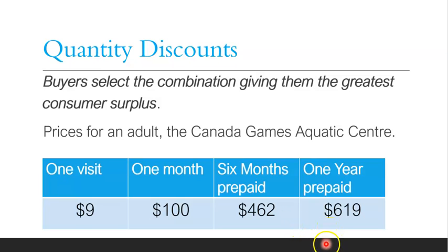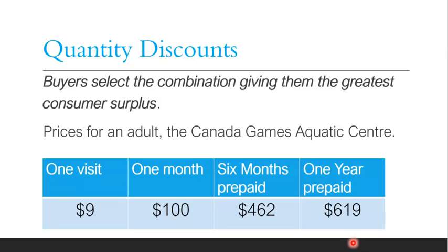So this set of choices is a way of allowing people to sort themselves out from the group that would just like to go occasionally to people who would be heavy users. And in this case, you can imagine that the cost of having another person going to the Canada Games Aquatic Centre is essentially zero from the point of view of the centre.